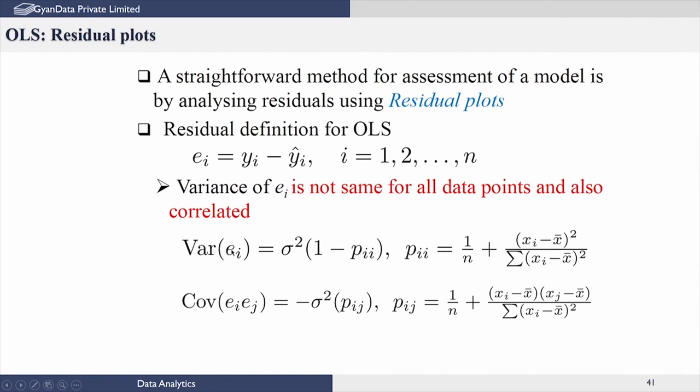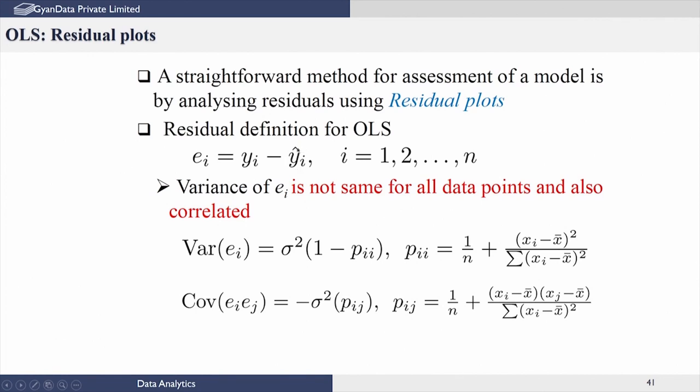We also can show that the residuals are not independent, even though we assume that the errors corrupting the measurements are all independent. The residuals in the samples are not independent and they have a covariance, and that covariance can be shown to be given by this quantity. The reason for the variances of the residuals not being identical, or them being correlated, is because you notice that this yi hat that we have here is a result of the regression.